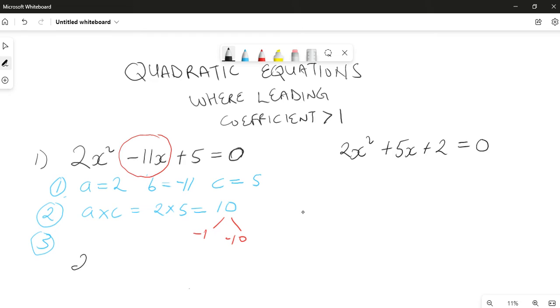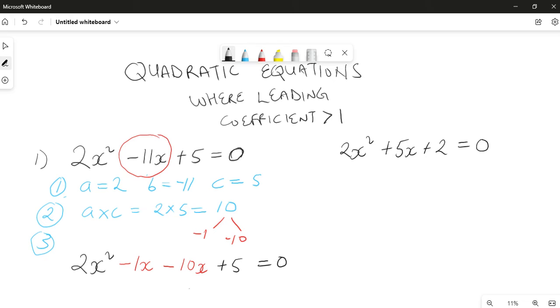So our quadratic equation looks like this now: 2x squared minus 1x minus 10x plus 5 equals 0. We have split our b term here.